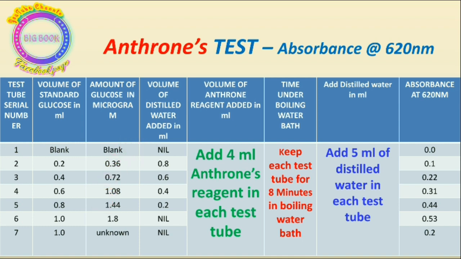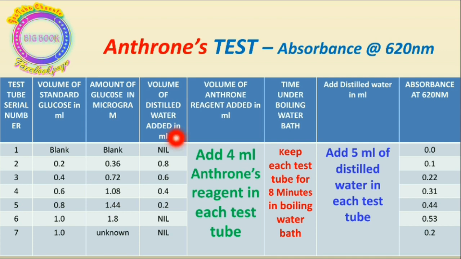Further, for the 0.2 ml standard working solution we have taken, this is the amount. For 0.4, this is the amount. 0.6, this is the amount. 0.8, this is the amount. And for 1 ml, this is the amount of glucose. And for the last, 7th test tube, it will be unknown, because we have to identify it after doing the estimation procedure.